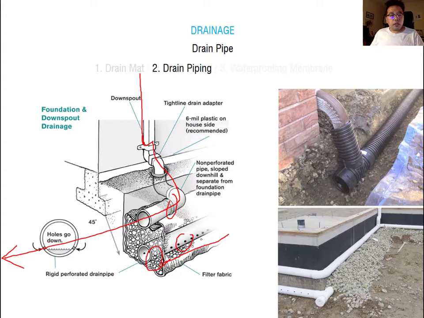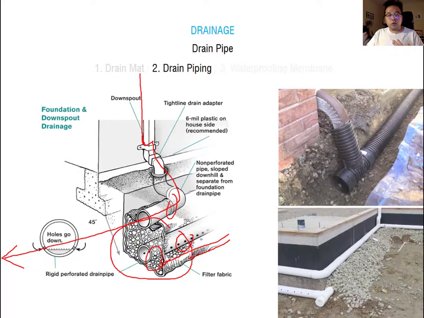This perforated pipe is usually covered by aggregate. So why do we need this aggregate around the perforated pipe? Because it is located right next to the earth. Earth has very small particles, and they easily penetrate into the pipe if it has perforations, which means it clogs easily.